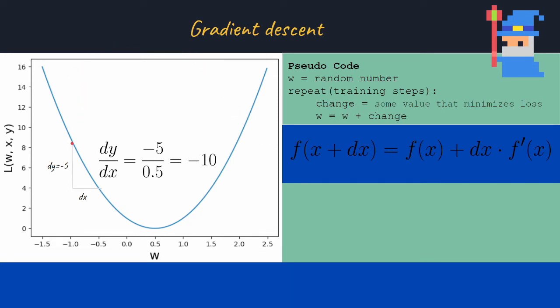Right now x equals -1 in this example, and dx equals 0.5. So f of x plus dx is f of -0.5, because it's -1 plus 0.5, and that seems to be a 4. That's exactly 4. So now we say 4 equals f of x, with x being -1, which is 9, plus that small change we made, which is in this example not small but 0.5, times the derivative of the function.